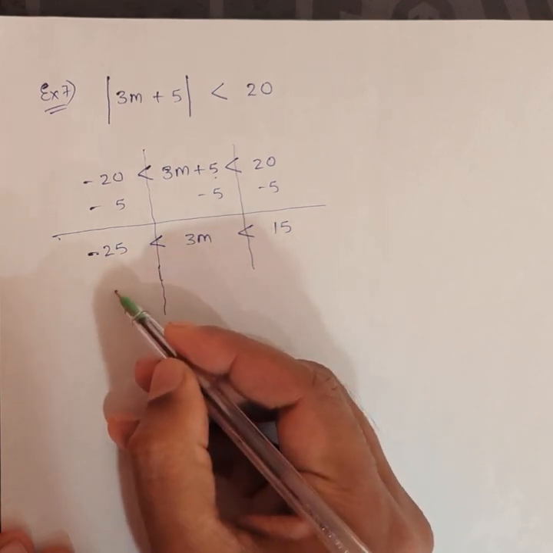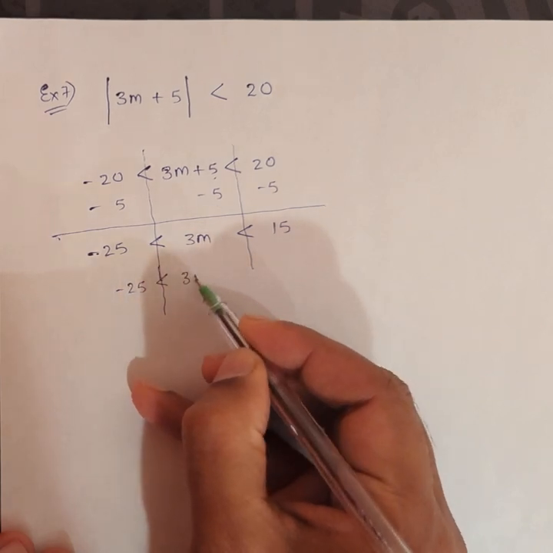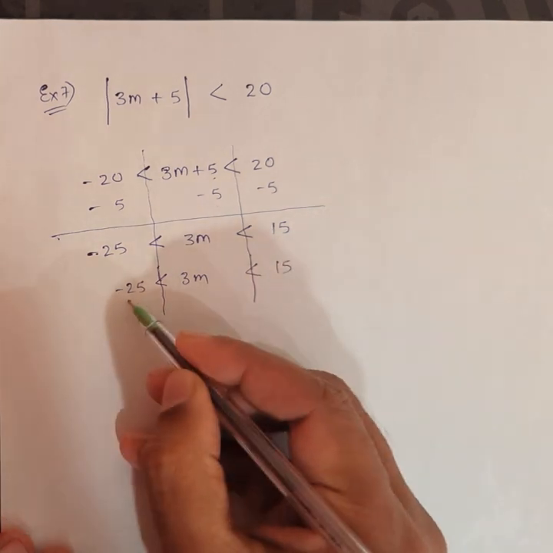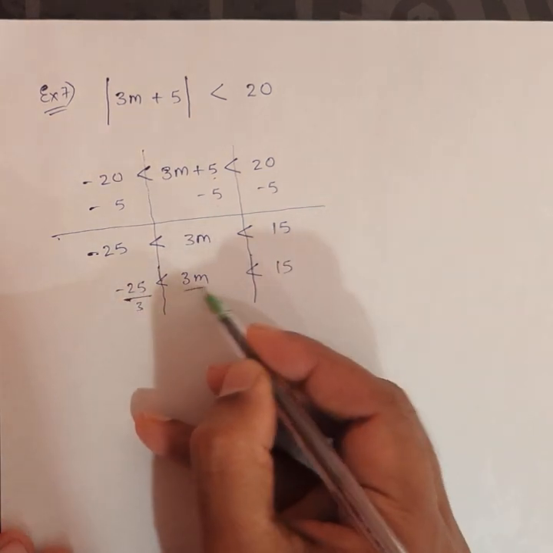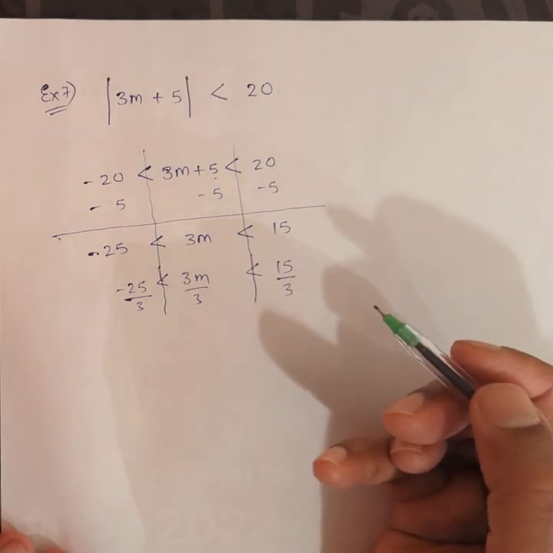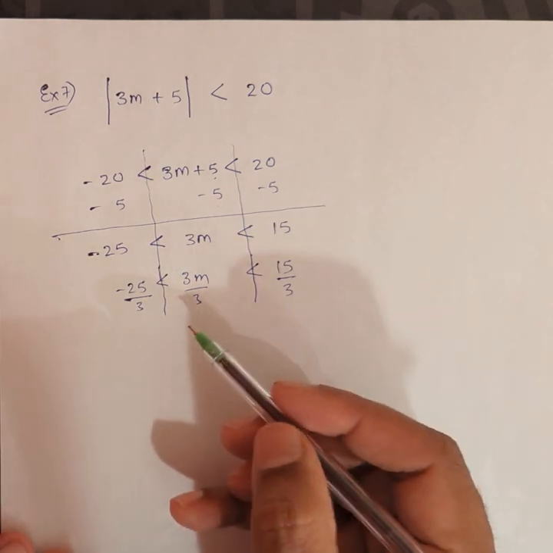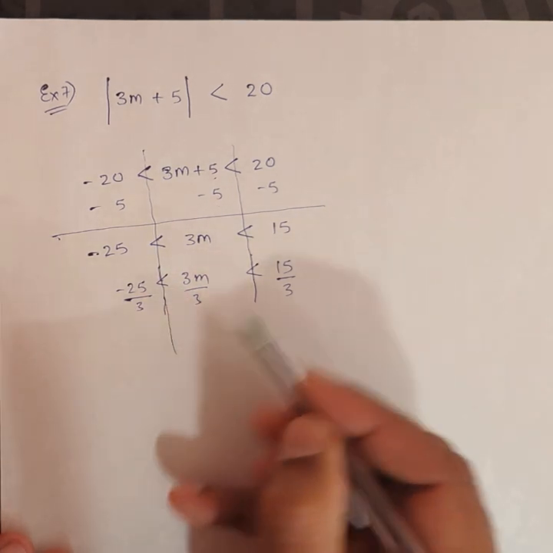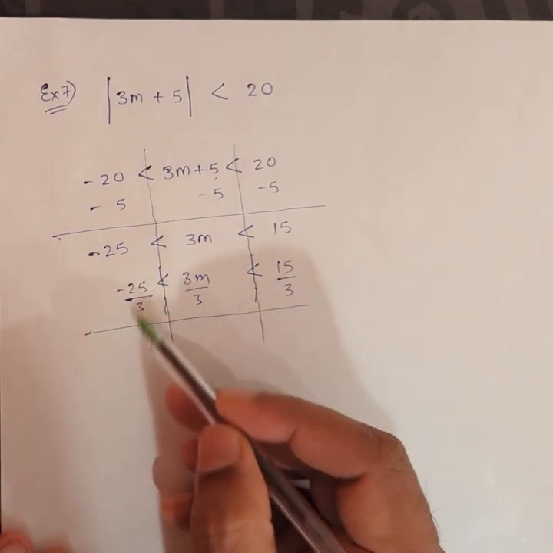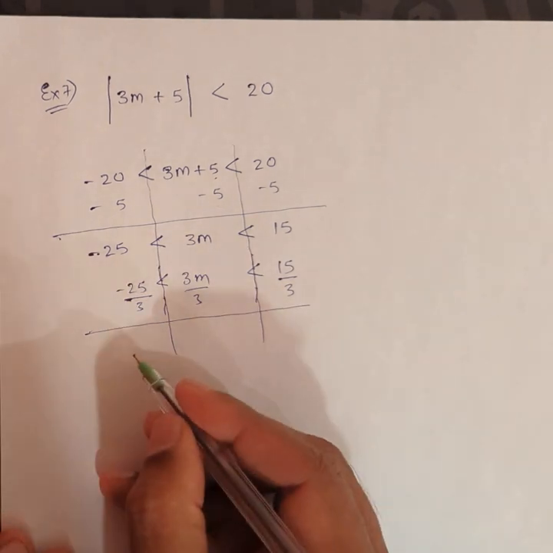So let me copy that. Negative 25 less than 3m less than 15. And I'm going to divide everywhere by 3. So notice I'm dividing by a positive number. So inequalities remain the same. They don't flip. And then negative 25 divided by 3. 3 does not go into 25, so I can't simplify that.